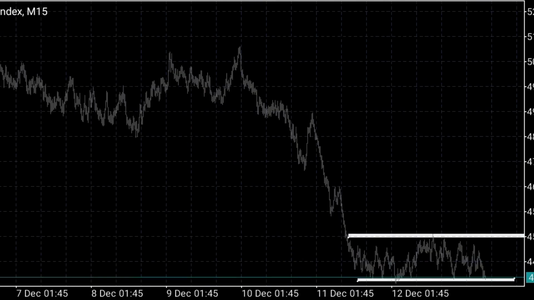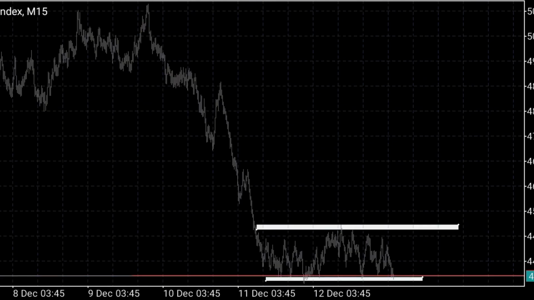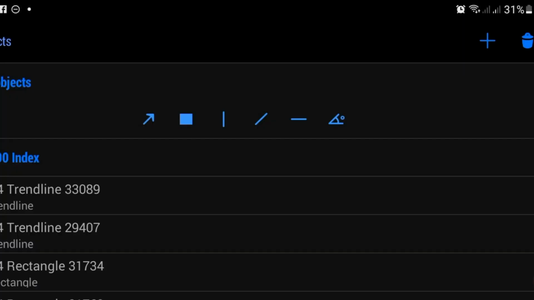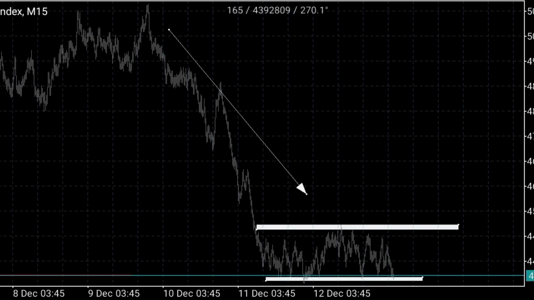And also, what can we look at? So overall, what you can see here, we have that bearish momentum to the downside, and then we are trapped within a consolidation level, which is very much not advisable to trade within.